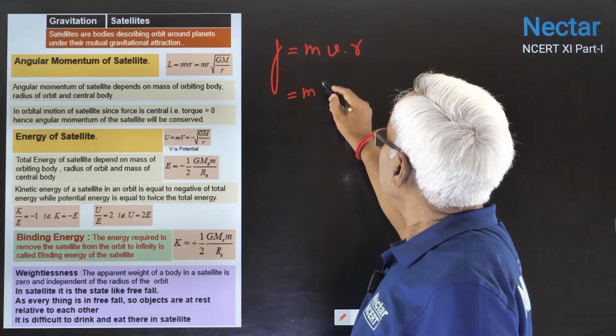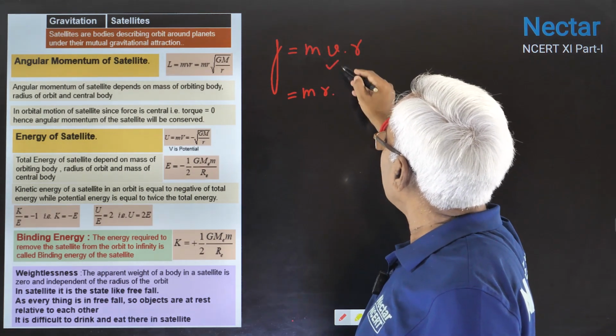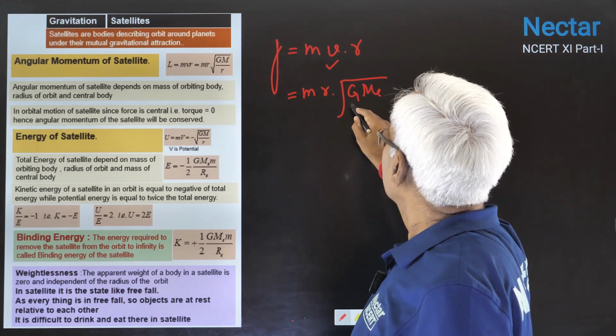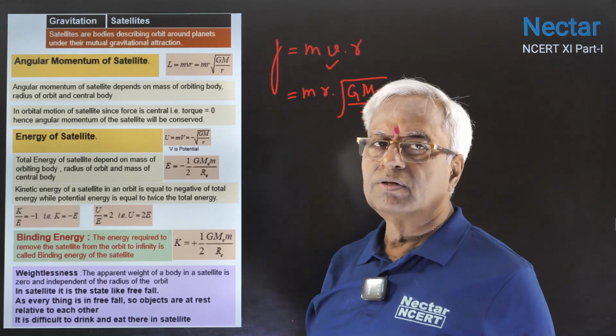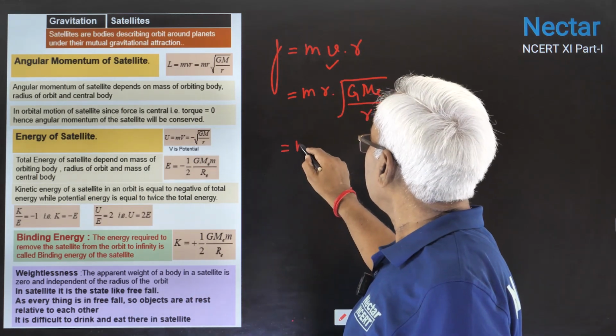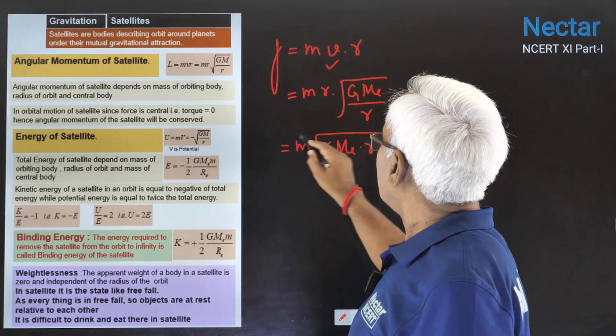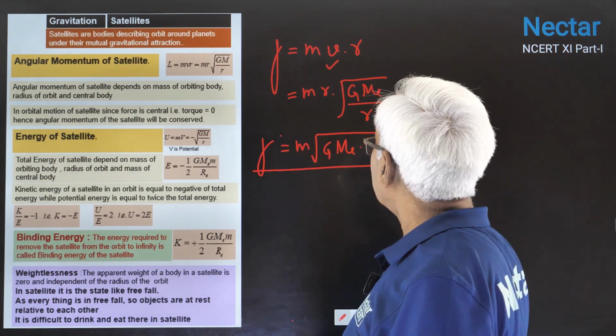m₁m₂. If you put the value of this velocity, that is root GMe upon r, it becomes m root GMe r, angular momentum.